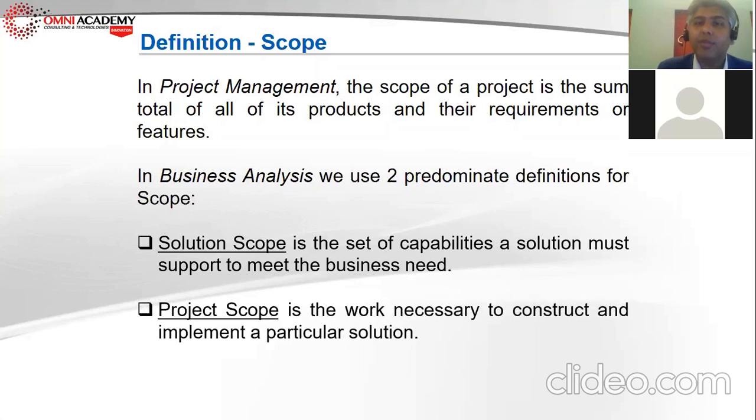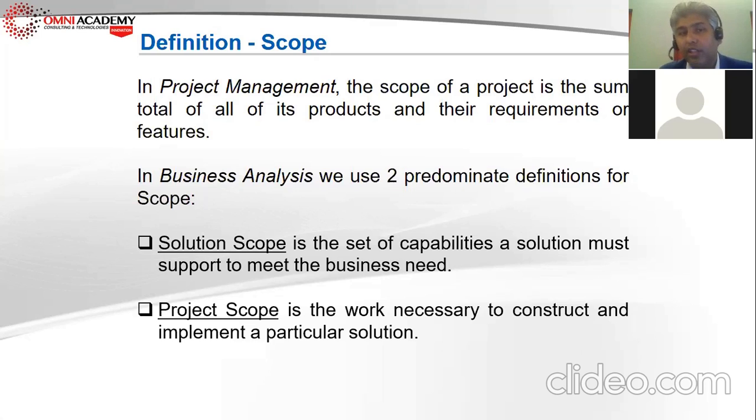One is the project management scope, which tells you the work necessary to achieve the project: the WBS, work breakdown structure, analysis, design, mock-ups, development, implementation, quality assurance, UAT, whatever is the sequence. That's what you do as a project manager in terms of project scope. But when we talk about business analysis, our concern is solution scope.